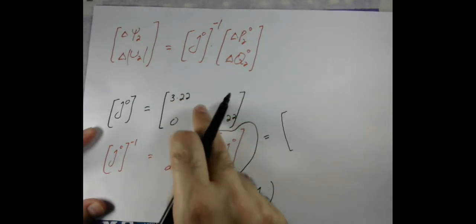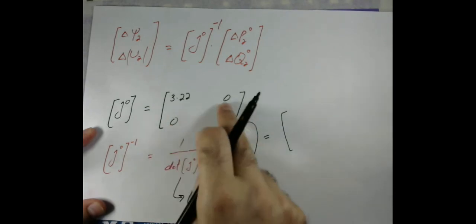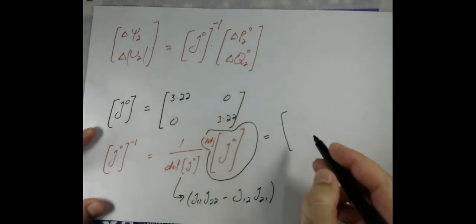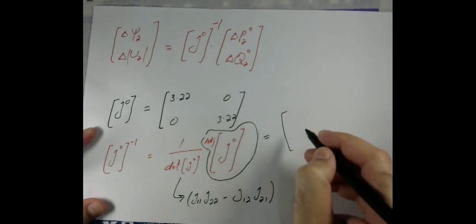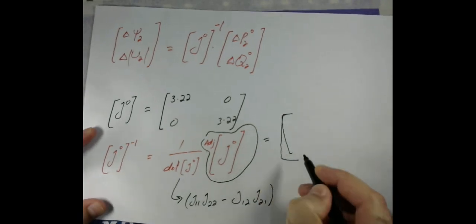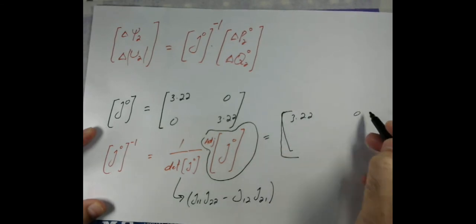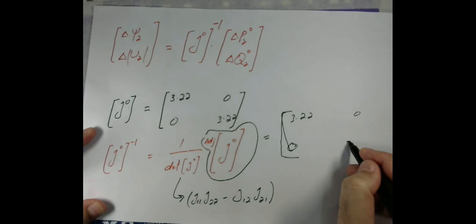These two are equal, so even changing the sign will not change anything here. I don't think I need to write it, but let me still write it, because anyhow it will be the same matrix, 0 and 3.22.